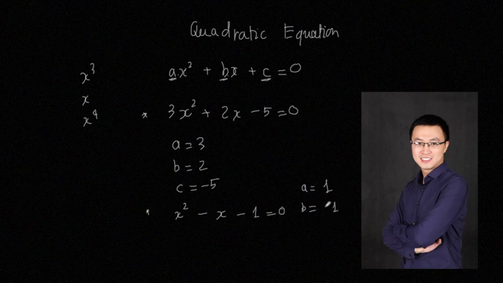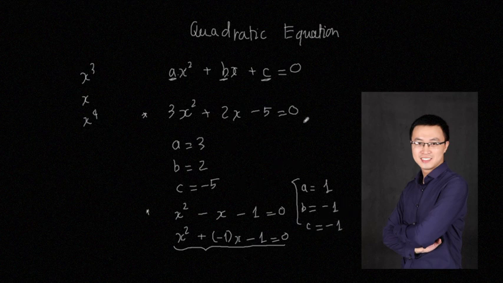It is minus 1, because in the form we have plus b and here we have negative 1. So maybe you can rewrite it as x squared plus negative 1 times x minus 1 equal to 0. In this form it's quite easy to get b equal to minus 1. And c is not 1, it is negative 1.